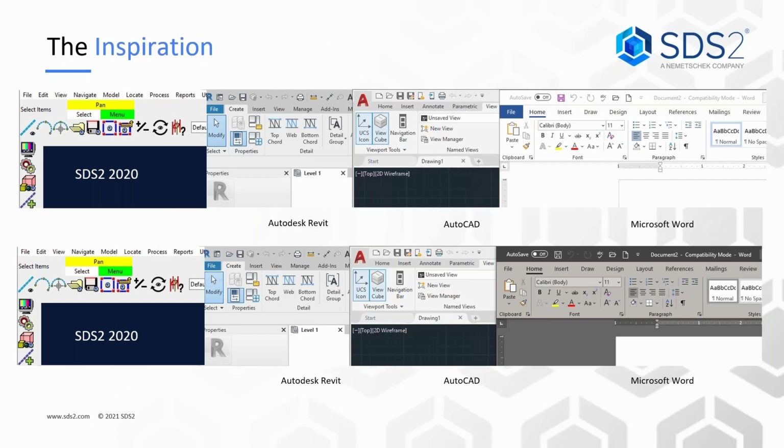And when you suddenly switch over to SDS2 2020, they have to readjust and recognize that the UI elements are no longer the same as what they're used to with the rest of it. And that hurts productivity. In fact, I think there was another study by Amazon. A second's delay in a user's interaction with Amazon.com costs them $1.6 billion. Oh, wow. I guess that's times the number of users, but a second is that much. So we need to make sure that you are not getting interrupted during your production workflow. And that's part of the focus.